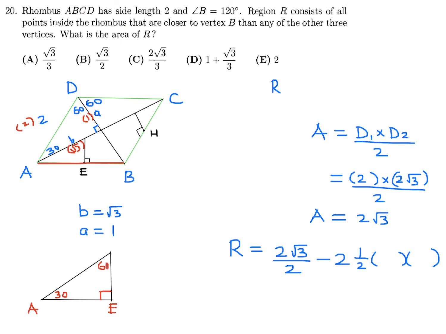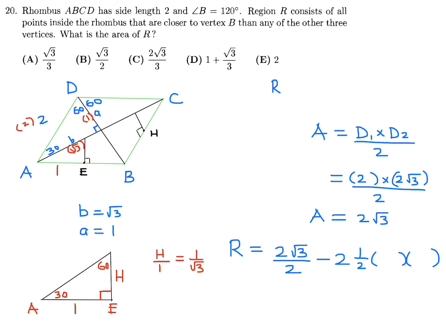And from here to here is 2, because the side length is 2, and since E was the midpoint, AE is 1. So now I can figure out this, I can just call it H. H over 1 in terms of my ratios will be the same as 1 over root 3. So there we go. We have everything we need to figure that out now.